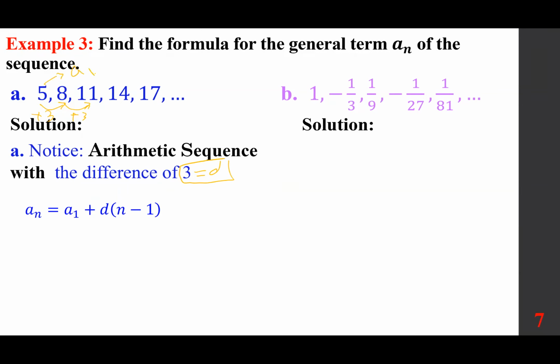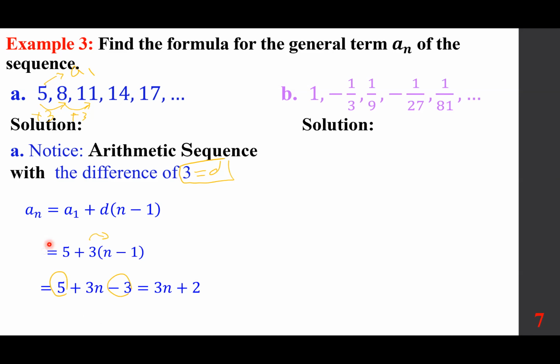Where a sub 1 equals 5 and d is 3, we're going to put it in. We're going to distribute number 3. And then we're going to combine 5 and negative 3. And the final answer is 3n plus 2.